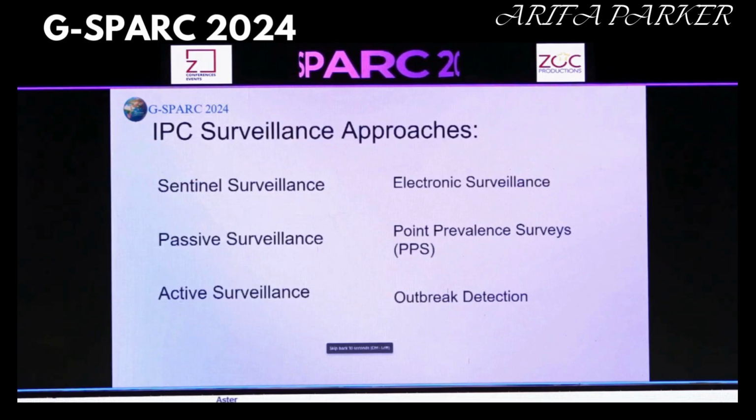So in IPC specifically, there are various types of surveillance, which can include sentinel surveillance, where we monitor specific infections or pathogens in very select patient populations. We can do passive surveillance, where there's voluntary reporting of infection by healthcare staff.